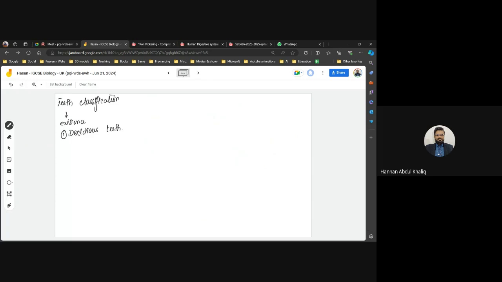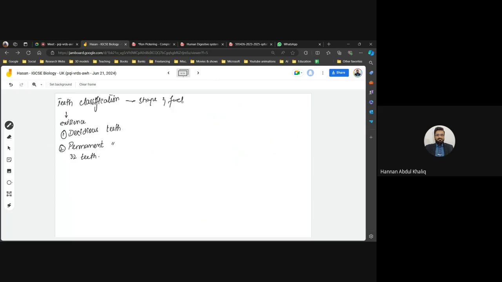That is the deciduous teeth. Then comes the permanent teeth. This is the second set, permanent teeth. That is a set of 32 teeth, mostly. Then the other classification of teeth is related to shape and function.